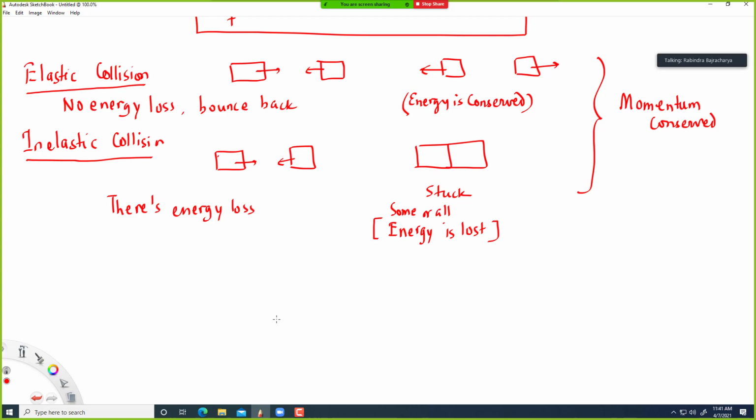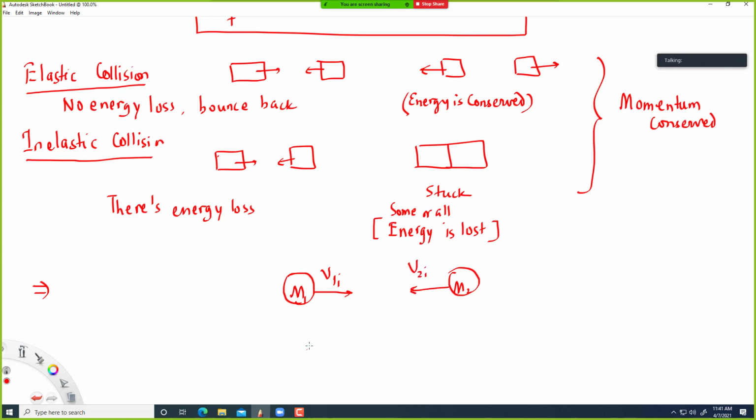So I would like you to give me an expression for the conservation of energy for this collision. Okay, so you have an object of mass m1. It's moving towards the right direction at some velocity v1I. You have another object m2 moving to the left at some velocity v2I.